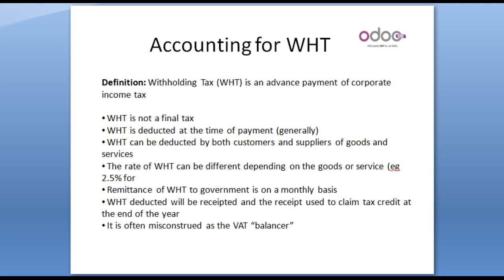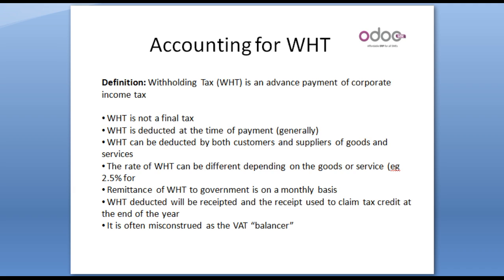So what they've done with withholding tax is to say on a monthly basis, we would like to collect a portion of your tax liability at the end of the year. The way they do that is anytime your customers pay you, they expect your customers to deduct a certain percentage as withholding tax. So basically, it's an amount that is withheld.